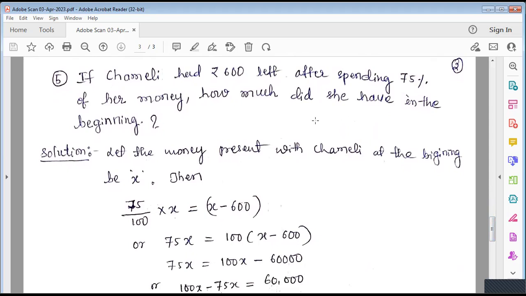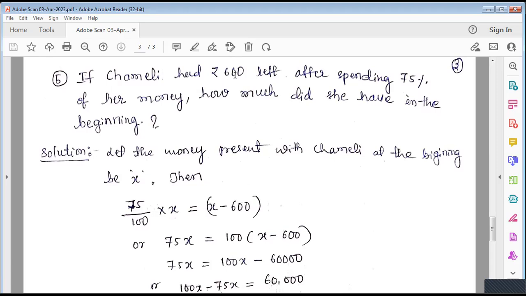So Chameli is there. She is having some money. Out of that, she has spent 75% of the money. And right now, she is having only 600. She is left with rupees 600 right now.